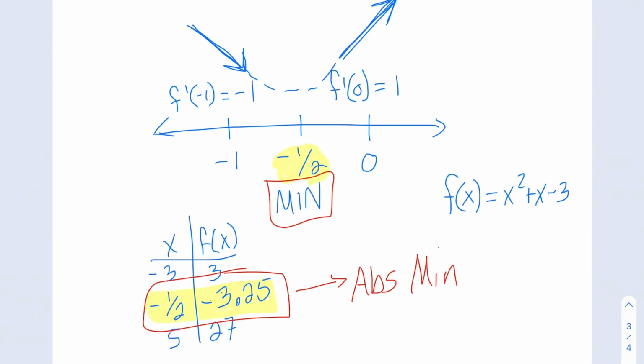And you will see the same procedure repeated when you're looking at even more complex functions where you have multiple critical points in between those endpoints. So we'll start with this basic example, but if you'd like to see some more complex examples, please check out our other videos, and thanks.